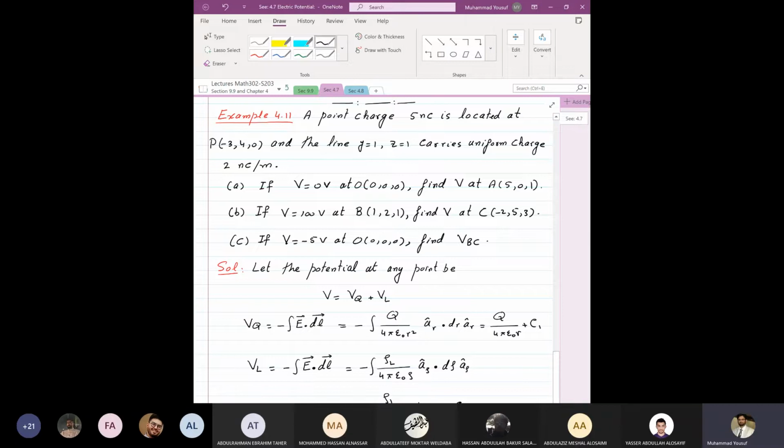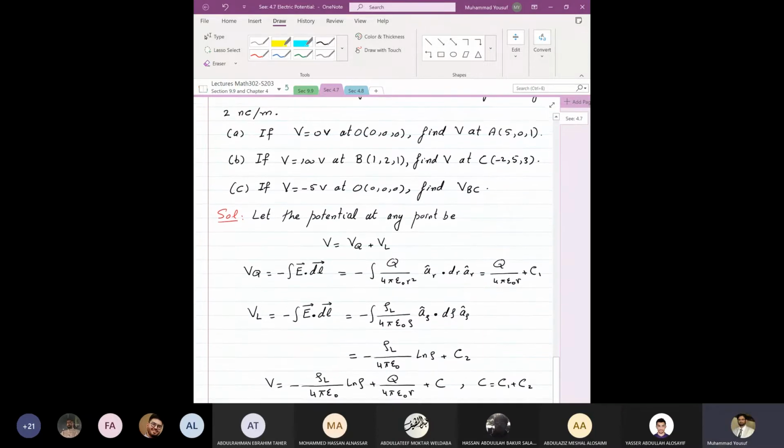So if potential at the origin is 0, find potential at A (5, 0, 1), part B. If the potential at B (1, 2, 1) is 100 volt, find the potential at C (-2, 5, 3). And then find the potential difference: potential at B minus potential at C. We know the potential at B is 100 volt, and we need to find the potential at C. Okay.